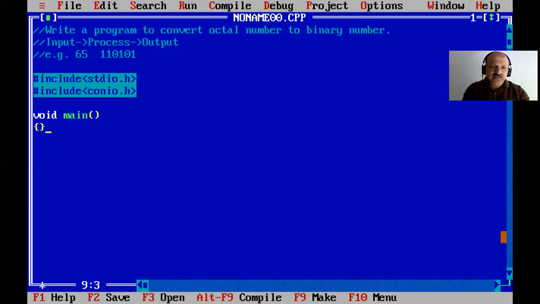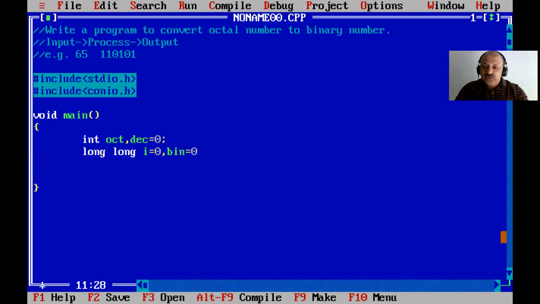Yes, so we can start our program, and first we can declare, yes, here we can declare as integer, that is octal, and then that is we can scan and decimal to assign to 0, and then long because that is long that we have to declare like I initialize that 0, and binary, so that is a long integer variable, so we can get our perfectly. So here we can declare as a 4 variable.